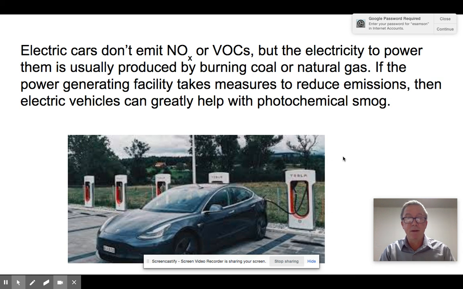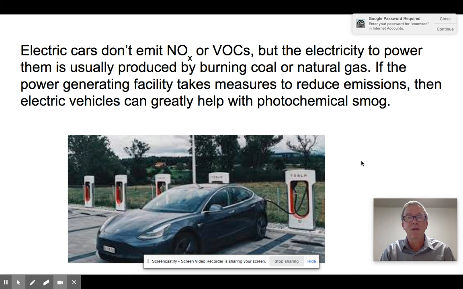Now, that might seem like a miracle, but keep in mind that energy has to come from somewhere, and that it's electricity. And electricity in the developed world and all over the world is generally produced by burning coal and natural gas, mostly coal. So if we take the entire fleet of cars in the Seoul metropolitan area and convert them to electric, it doesn't mean that we're not polluting the air to the same extent, but we are putting that pollution somewhere else.